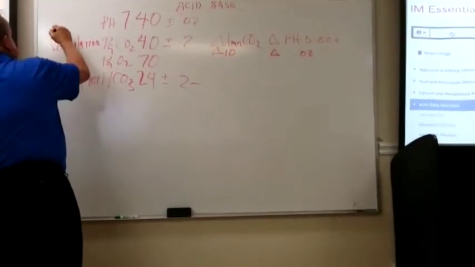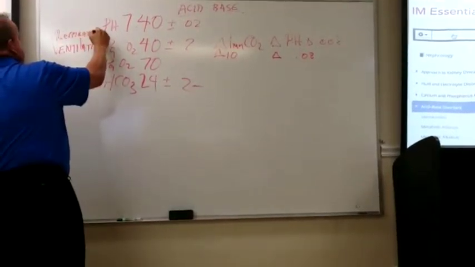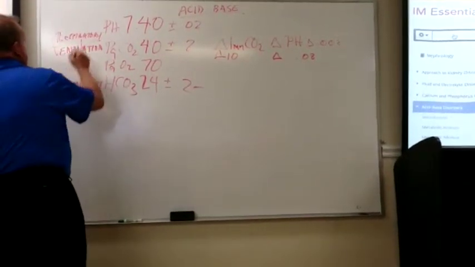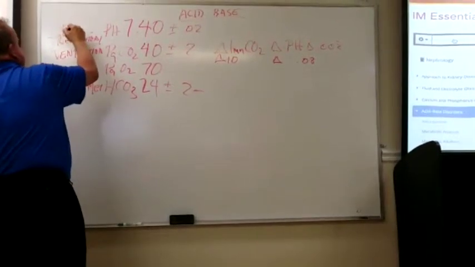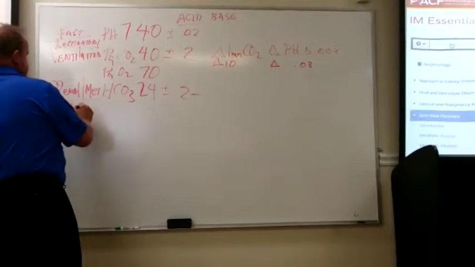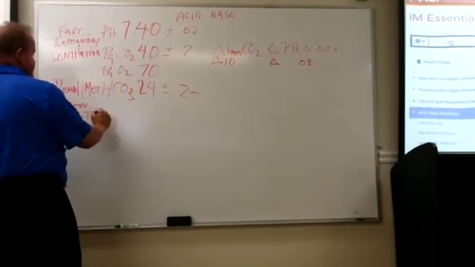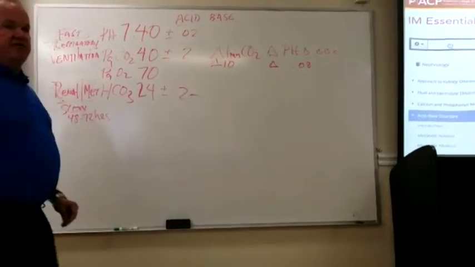So ventilation is respiratory. This is fast. This is slow, 48 to 72 hours, even with good renal function. Okay, follow me so far?